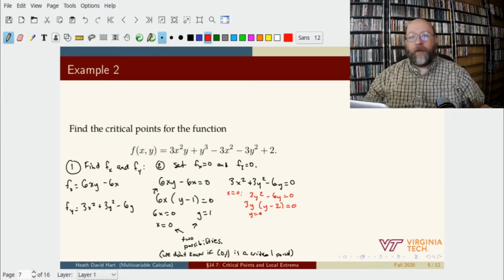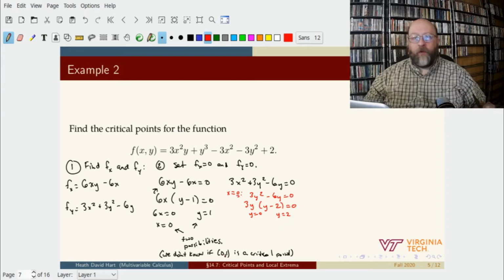Y is equal to 0 and y is equal to 2. And so when x is 0, y can be 0 or 2, but not 1. In other words, I get 0, 0 something and 0, 2 something, but I don't get 0, 1. And so this turned out not to be a critical point.